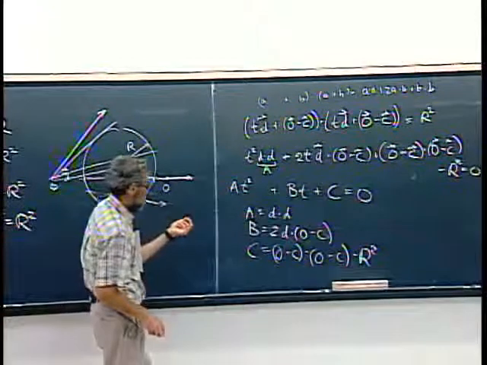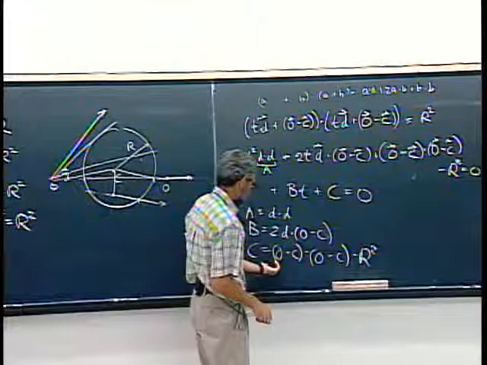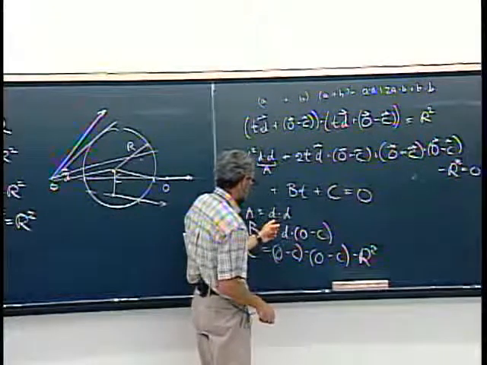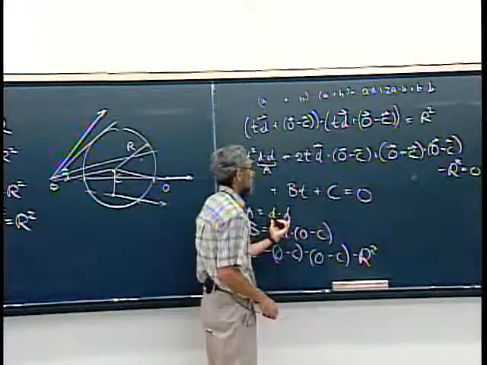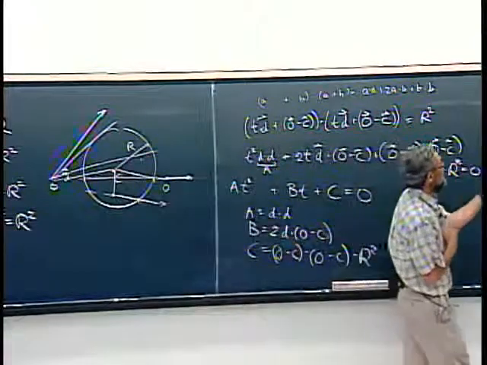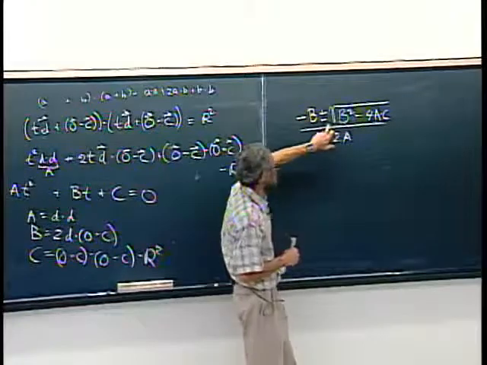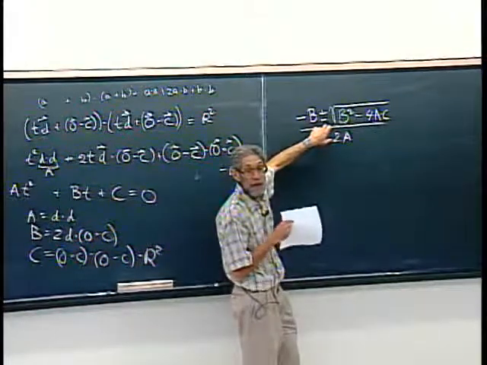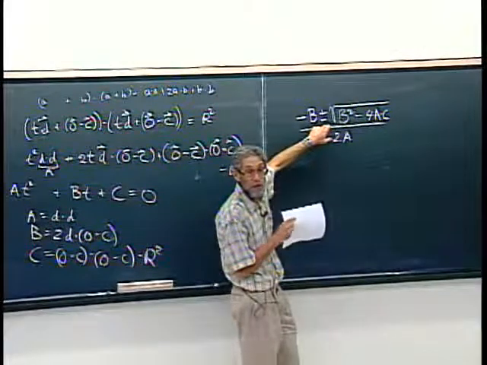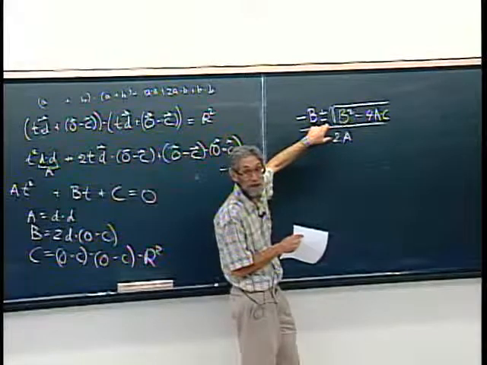So I think what's happening, this A is always positive, right? Because it's a dot product of a vector with itself. So I guess if you want the smallest root, you always want to use the minus sign here. And then if the smallest root gives you a negative number, then you want to try the plus root. And if that also gives you a negative number, then you've got no intersections.